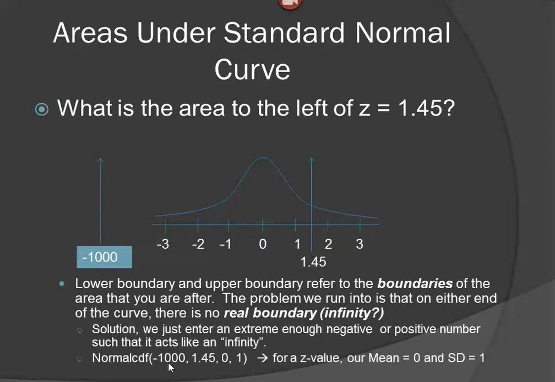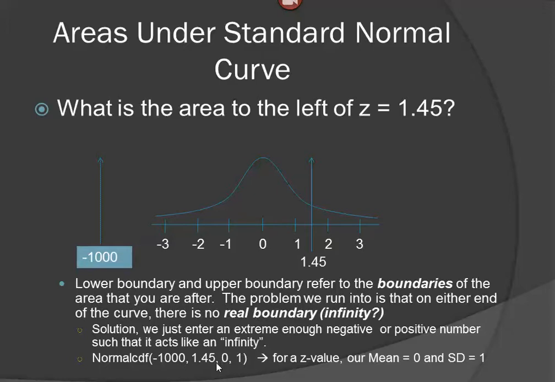So in here, my lower boundary, because it's on the left, is negative 1,000, comma. There's a comma button on your calculator. Some of you may need to put that, some of you may not, because it gives you a list to put it in. But if you just get normalcdf with an open parenthesis on your screen, way to go, second vars, choice number 2, this is exactly how you want to enter it: negative 1,000 all the way up to 1.45.